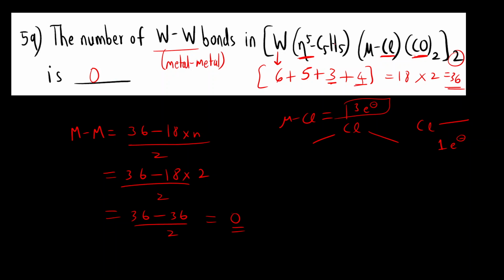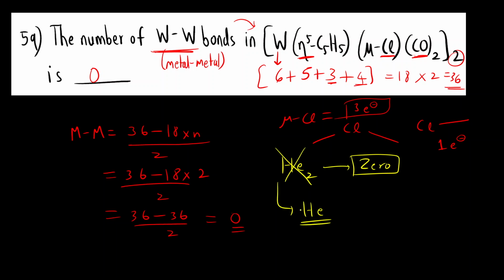Now you might ask, if the metal-metal bond is 0, then why are we asking this question? Okay, let us understand that. Just like how we find out the bond order for helium-2, it is 0. What is the meaning of that? Helium-2 does not exist, it exists as a monomer.